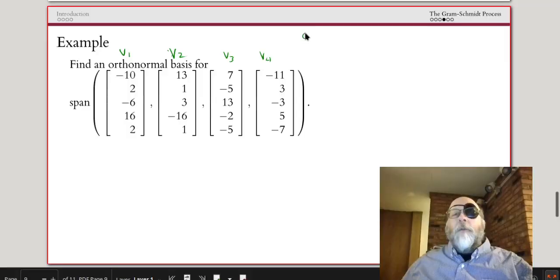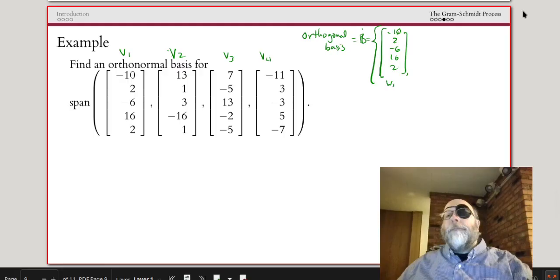And our orthogonal basis, well, W1 is exactly the same as V1. We don't do anything to the first vector yet. So we get -10, 2, -6, 16, and 2.